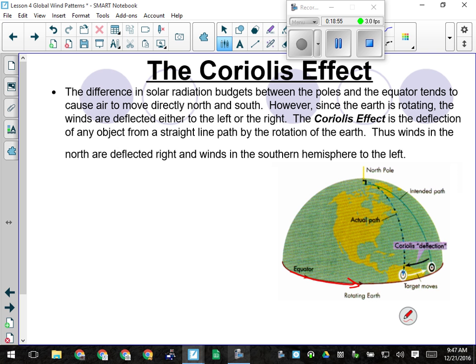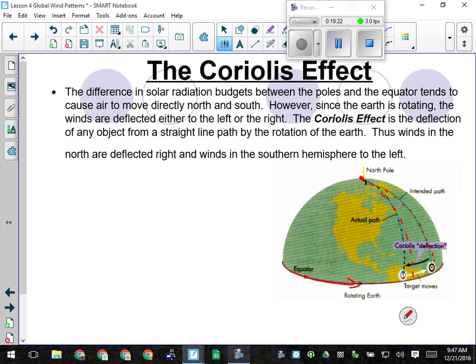If the Earth was a perfect ball, and I put a ball on top and tried to roll it to the equator, it wouldn't end up directly underneath. If I started it rolling, this is where it should go. But because the Earth rotates under it while it's rolling, it ends up over here. The target is moving. This is where I wanted to go, but it ended up over there.